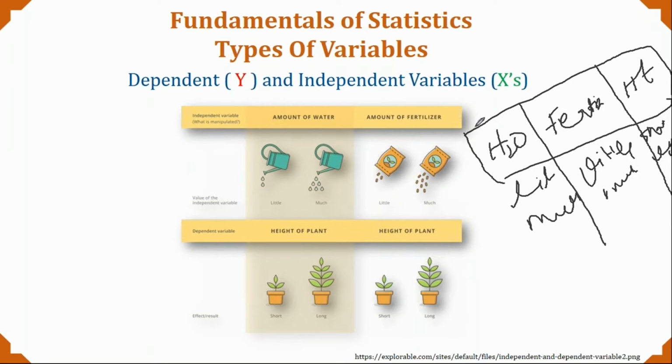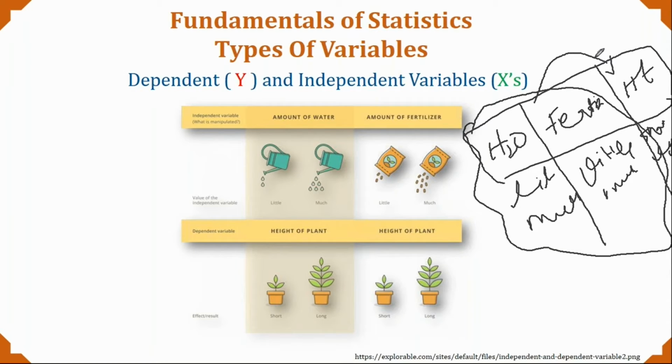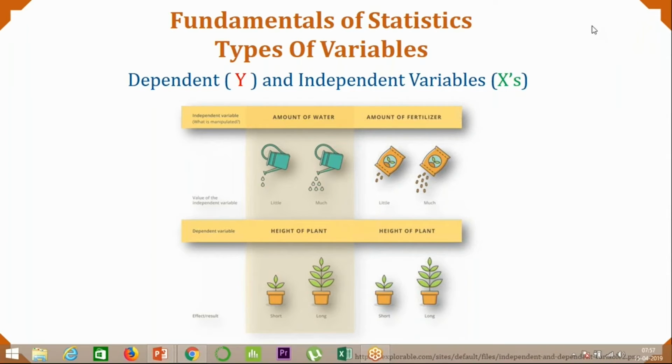Your independent variables are the stuff which are used to predict your outcome variable, which is height. So the height of a plant is the dependent variable.